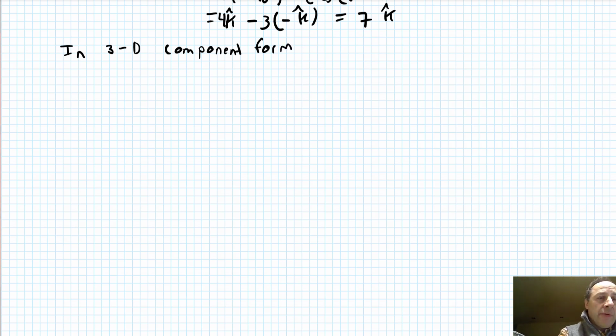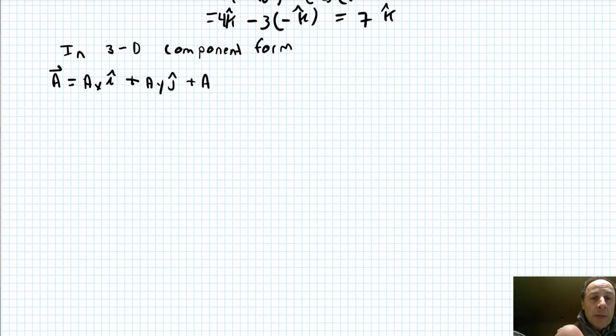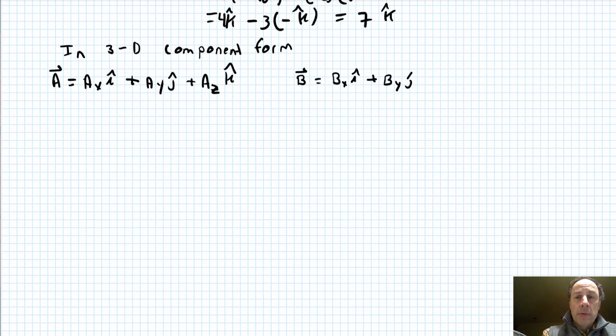So you have a vector A that in 3D is the x component, i hat, plus the y component of A, j hat, plus the z component of A, k hat, and the same with B, Bx plus By plus Bz.